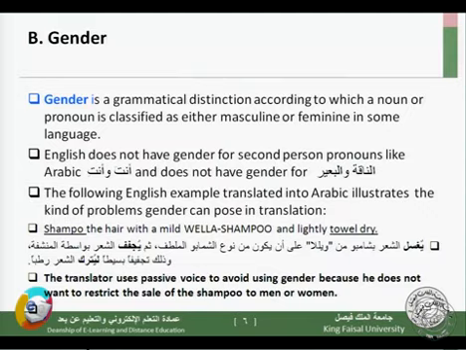And commercially, they want to sell the shampoo to men and women, so they say shampoo the hair with a mild Wella shampoo and lightly towel dry. We don't know whether they are addressing women or men.